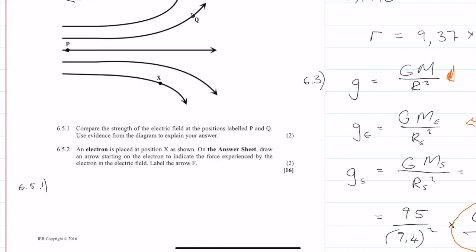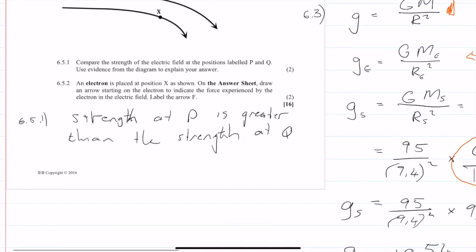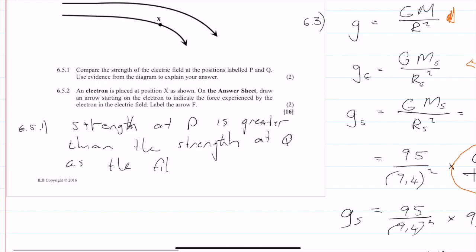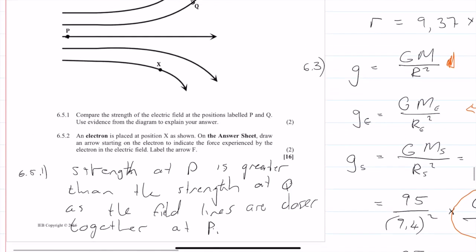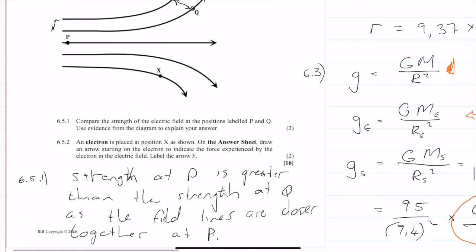So we can say that the strength at P is greater than the strength at Q. The reason for this is the field lines are closer together at P. We can see in the diagram that the field lines at P are closer than at Q. And we get 2 marks for that.